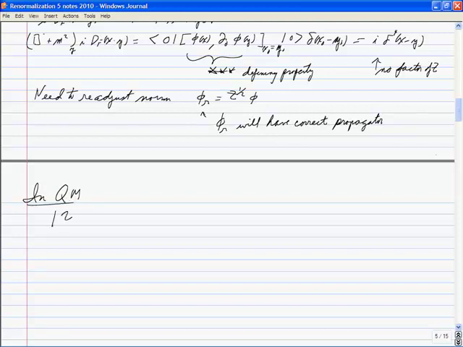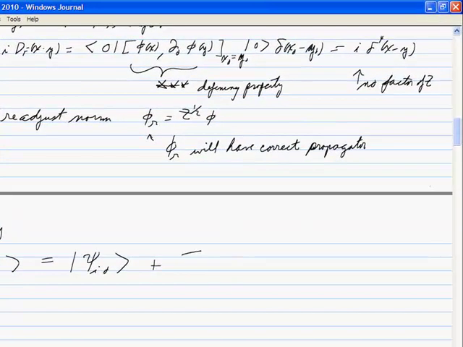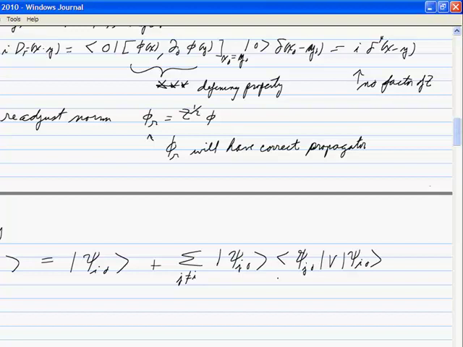If you're doing perturbation theory, you write that some wave function starts off as whatever the wave function started off as, and then the first order correction to the wave function is the sum over j of psi j0 times psi j0 V psi i0 over Ei minus Ej.